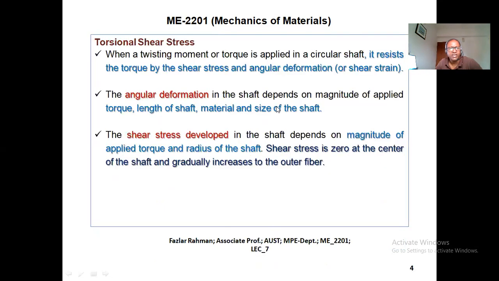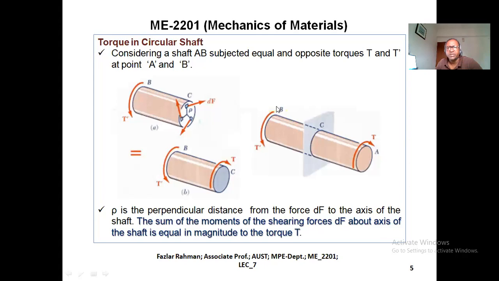So let's see, before we derive, I already told you that if you apply torque, it tries to generate shear force inside the material. In this shaft, there is a counterclockwise torque at point B and a clockwise torque at point A. So both are the same but opposite in magnitude.